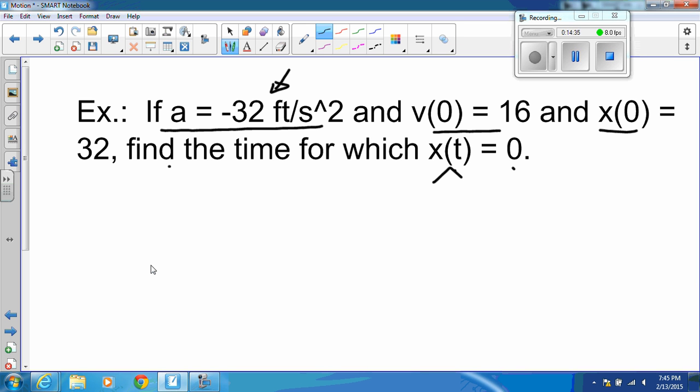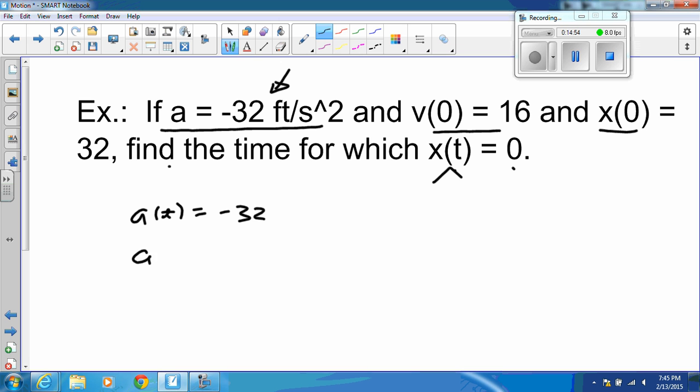And what I am given is the acceleration. And this acceleration, because of the way that it's written here, is considered to be a constant acceleration for all time. In other words, I would write a of t is equal to negative 32 feet per second squared.